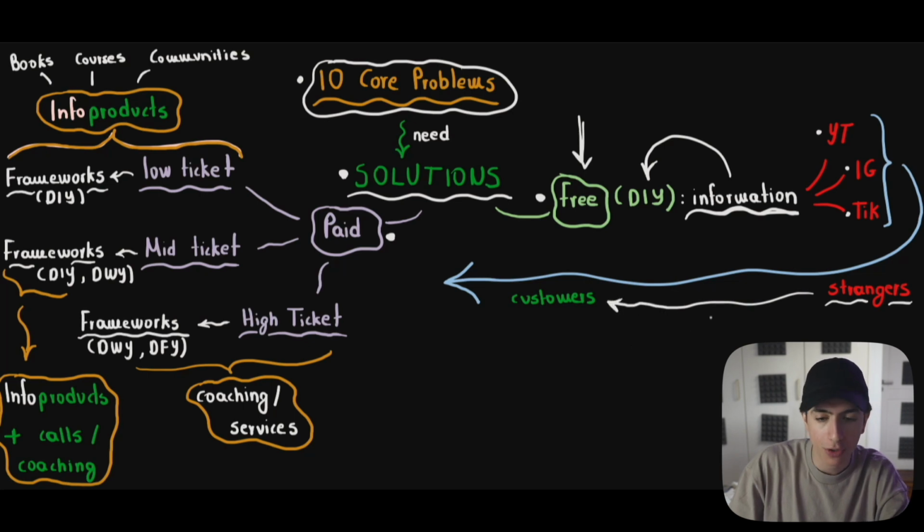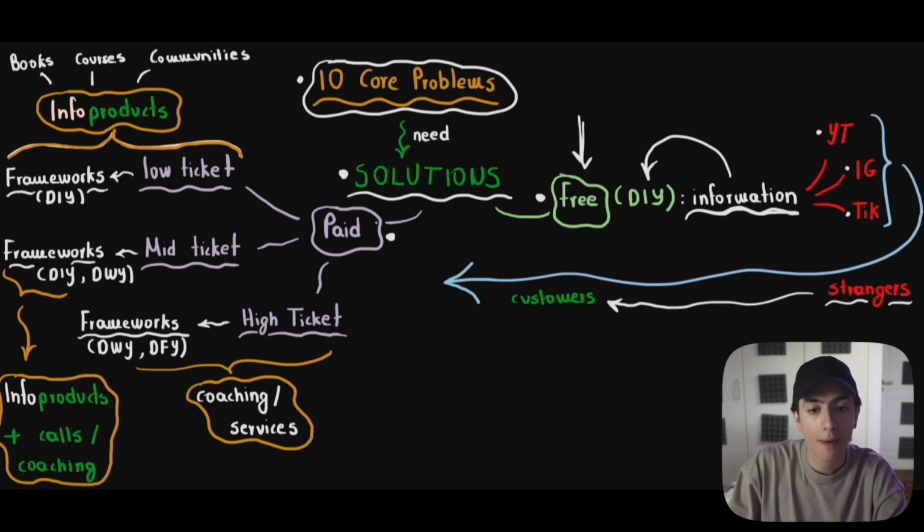How do they turn into customers? Because they check out our paid solutions. They find so much value in our free stuff that they're like, okay, if this dude gives us so much value for free, then his paid stuff should be amazing.